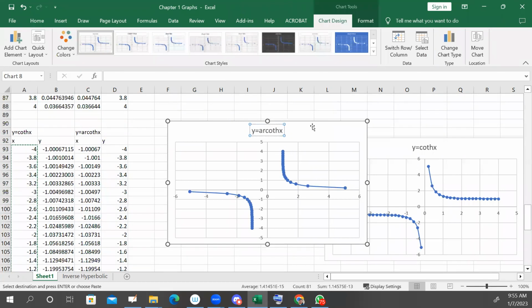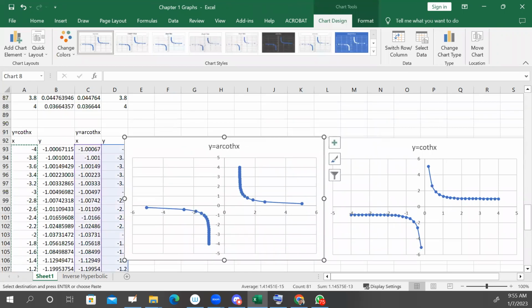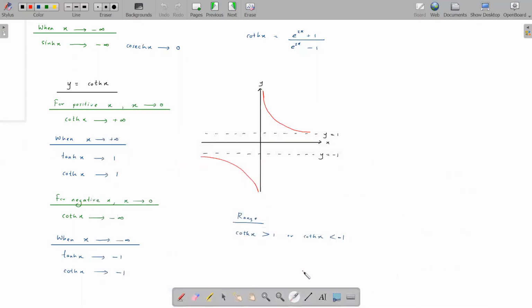When x and y interchange, I showed you in the previous step that y equal 1 and y equal -1 were the asymptotes, right, guys? In between 1 and -1 you didn't have anything else. Now when you exchange x and y, the y equal 1 asymptote becomes x equal 1, and the y equal -1 asymptote becomes x equal -1.